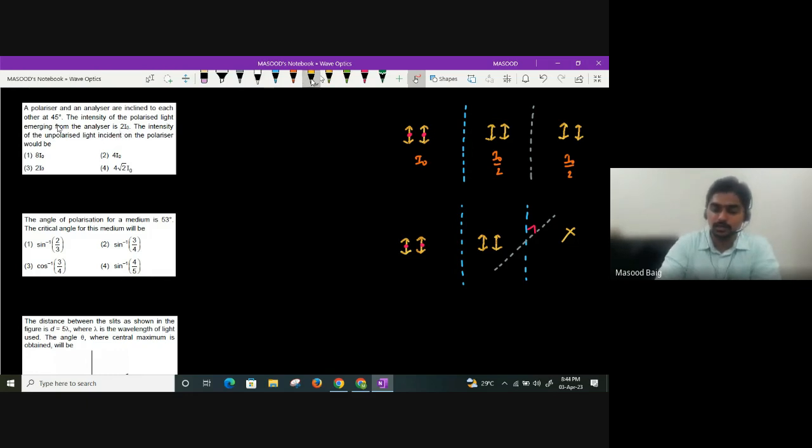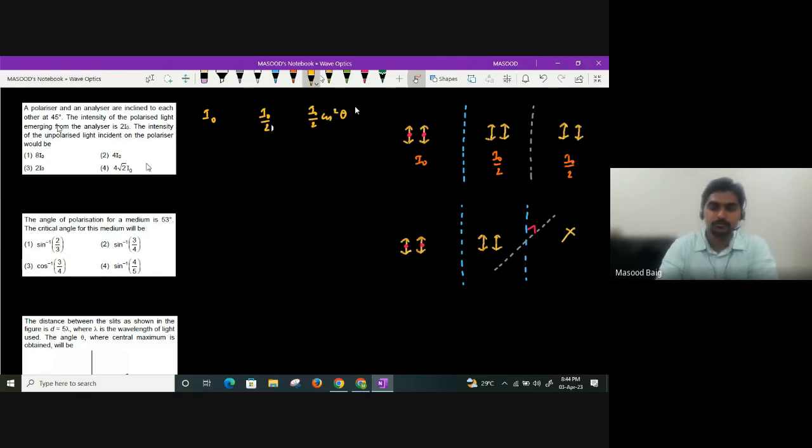So what are the conditions again? Unpolarized light of intensity I0 is incident on the polarizer, and the light which comes out is I0 by 2. For any other angle, it will be I0 by 2 cos square theta.